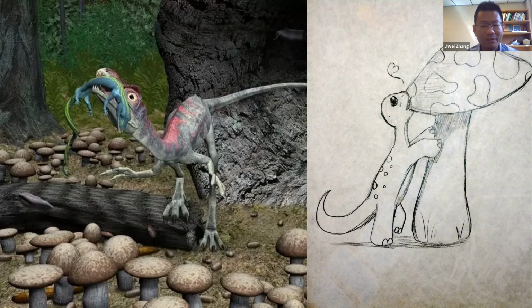But I don't know if they're also thinking about trying to bring the mushrooms back, because that is probably a part of the ecosystem where the dinosaurs are living.